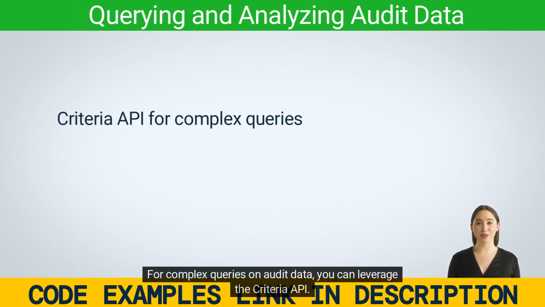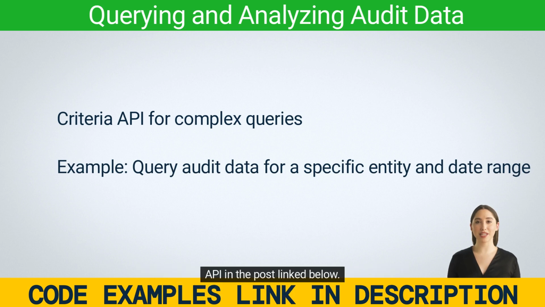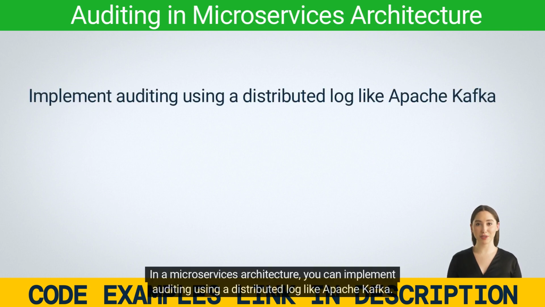For complex queries on audit data, you can leverage the Criteria API. We provided an example of querying audit data for a specific entity and date range using the Criteria API in the post linked below.